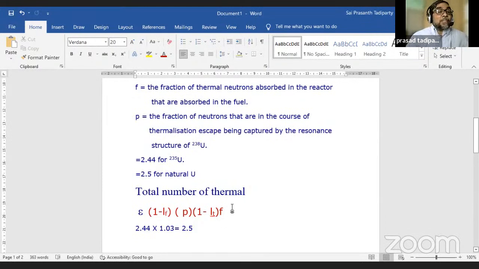The next one is the relative fission cross section. There is a net number of thermal neutrons available to react with U-235. But the interaction is of two types. One is leading to fission with a cross section of sigma f, and the other is radiative capture with sigma r.